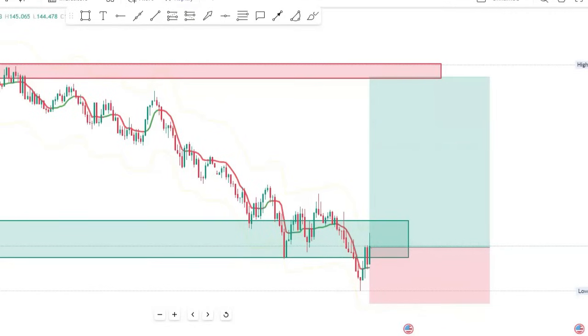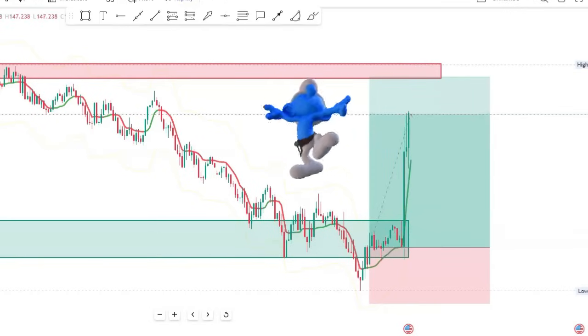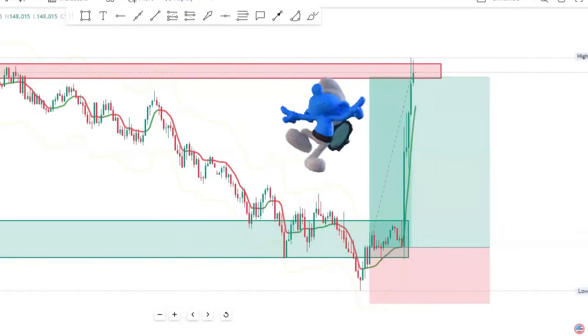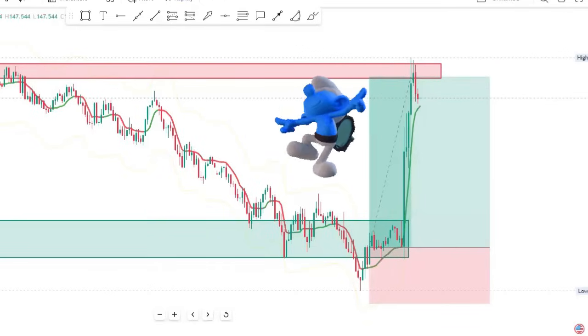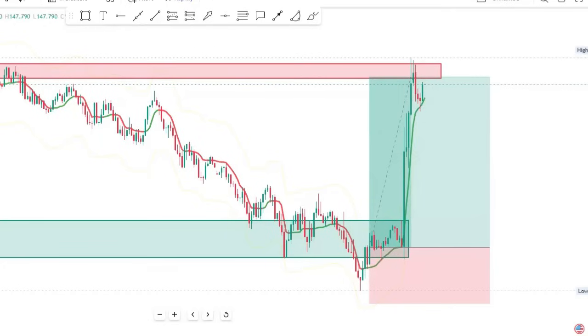Let's see how it plays out. Nice, nice move, still being supported. We've pulled back into it even more. There we go. Nice push. Look at that. Absolutely incredible. And do you see that?